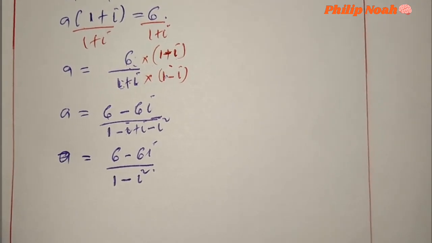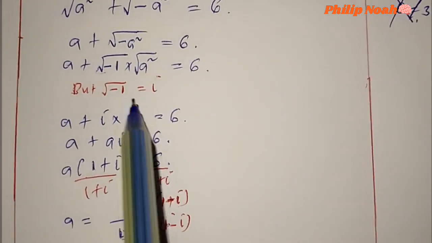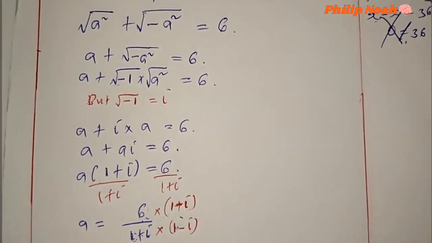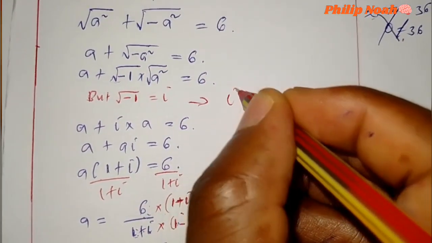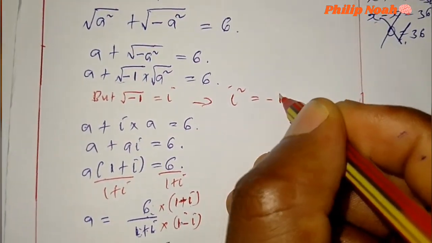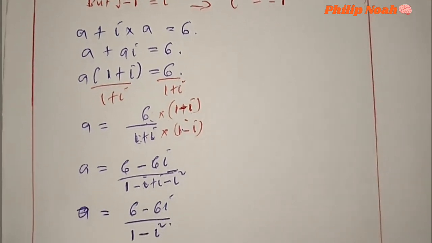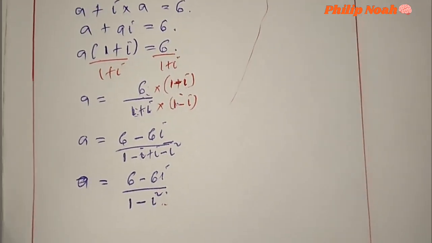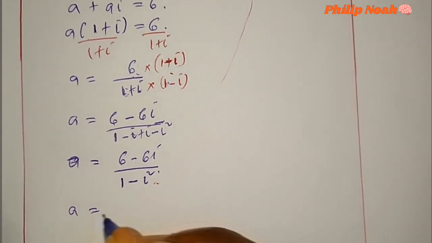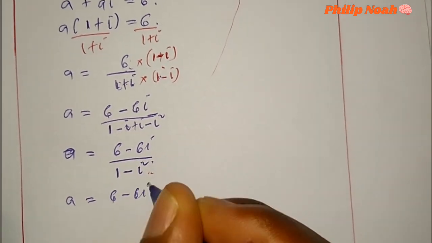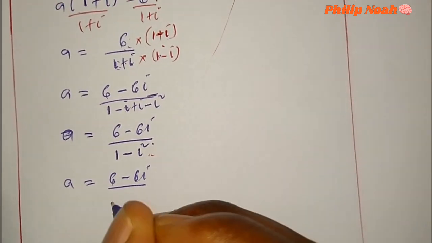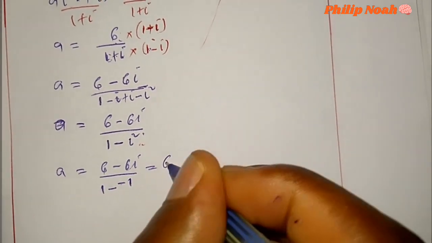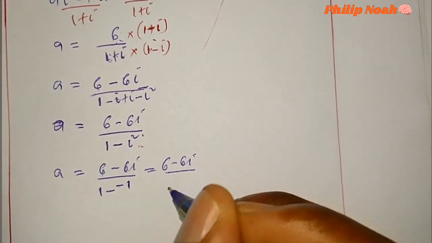We are saying that the square root of negative 1 gives us i, meaning that i squared is equal to negative 1. So this one here will give us negative 1. So we have a is equal to 6 minus 6i over 1 minus negative 1, which is equal to 6 minus 6i over 2.